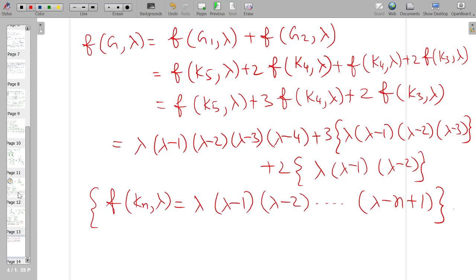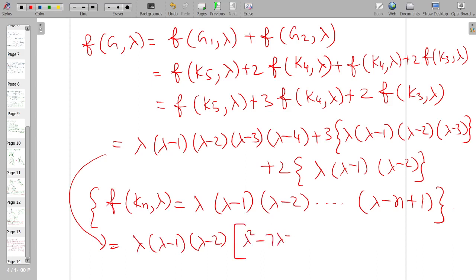So when I simplify this, in fact you can also simplify like this. I can take lambda into lambda minus 1 into lambda minus 2 as a common factor. This would give you lambda squared minus 7 lambda plus 12 plus 3 lambda minus 9, and this would give you plus 2.